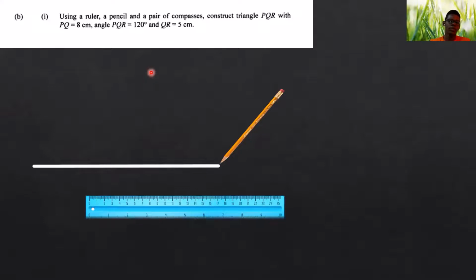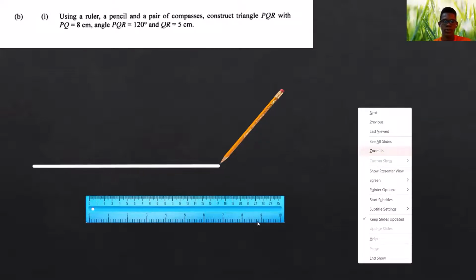Now, the next step is actually to open your compass. Take your compass anchor. What I'm calling the compass anchor is the base of the compass. Let me draw the compass.